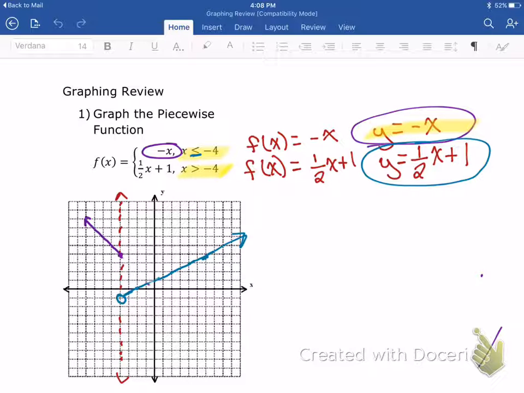The red is not part of our graph, so I am erasing the dotted line. So there we have it. There is our piecewise function of f of x equals negative x when x is less than or equal to negative 4, and it is 1/2 x plus 1 when x is greater than negative 4. And that is our piecewise function.